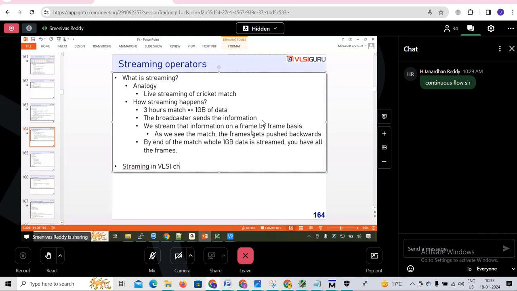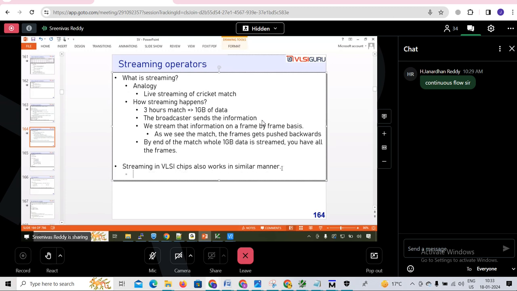Streaming in VLSI chips also works in a similar manner. The only difference is that here we are doing it on a frame by frame basis, whereas there, instead of frames, we do bit streaming or nibble streaming or byte level streaming.